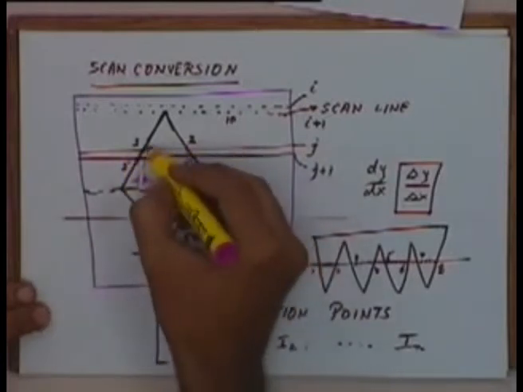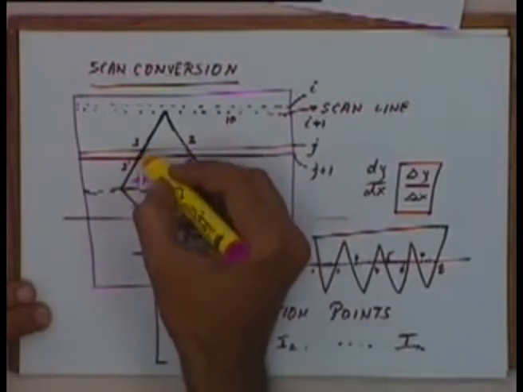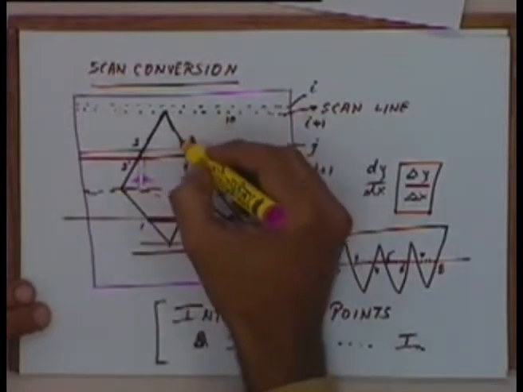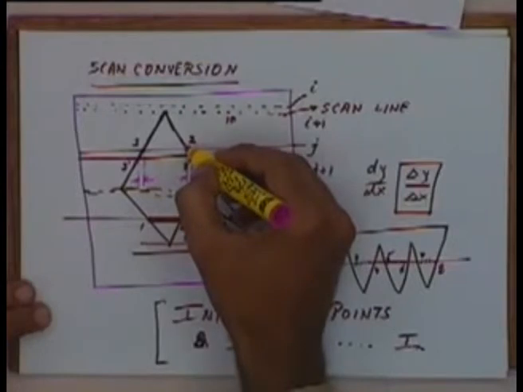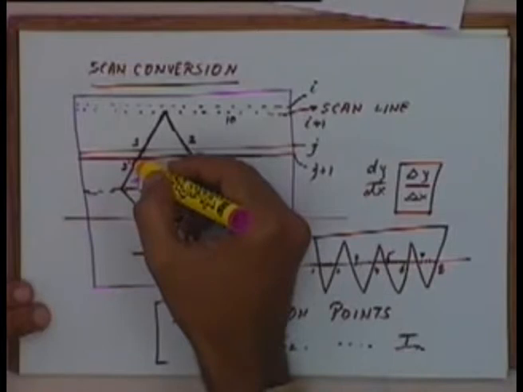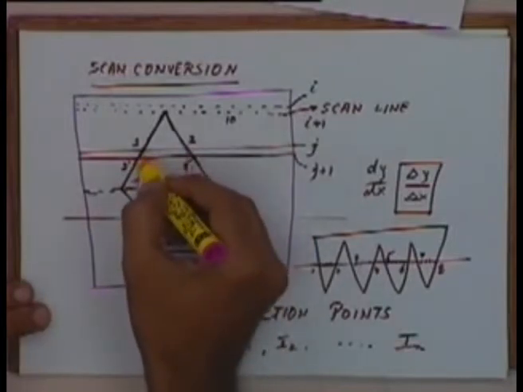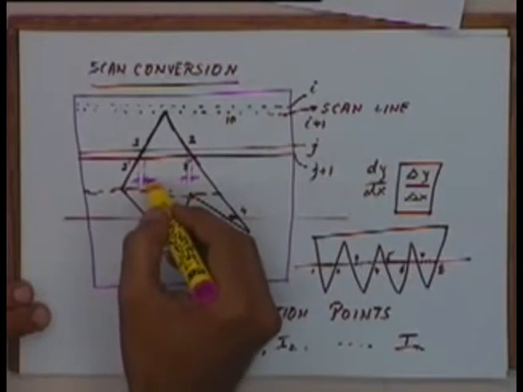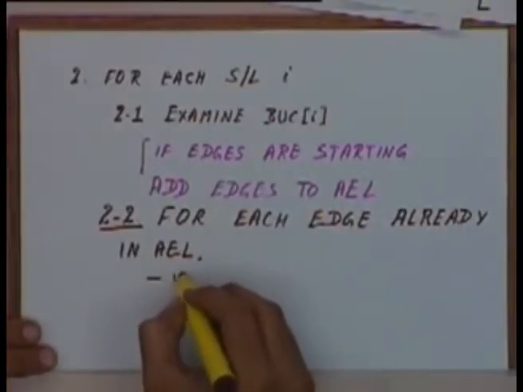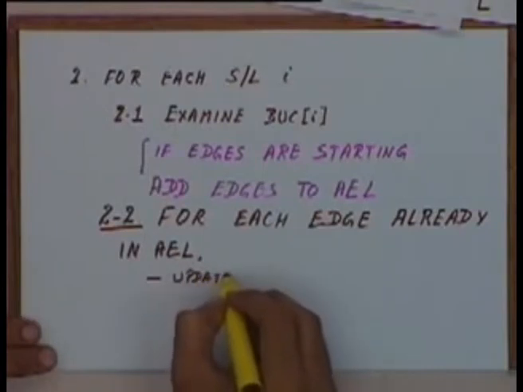At this particular scan line, this edge is already in the active edge list and the intersection point for this is 1. This edge is already in the active edge list and the intersection point is 2. As we go on to the next scan line, we should change the intersection points. We should modify the point of intersection by an amount equal to delta y by delta x. So, for each edge already in the active edge list, update the intersection point.